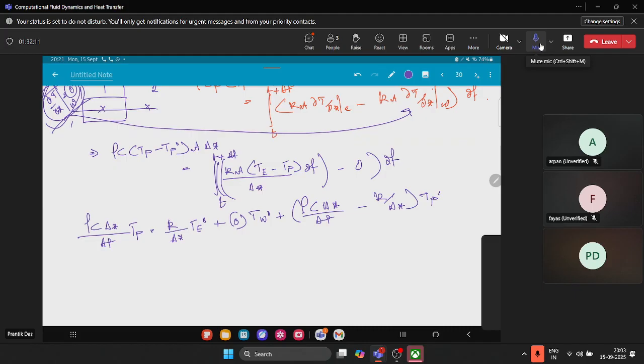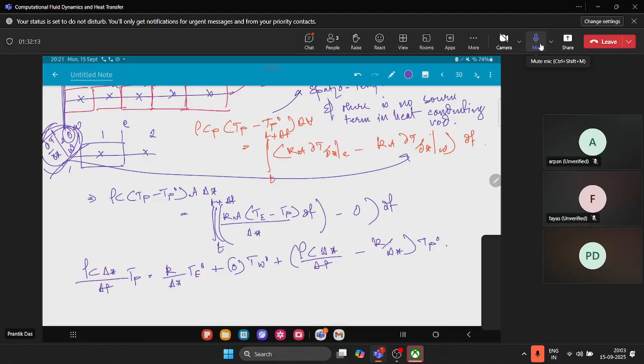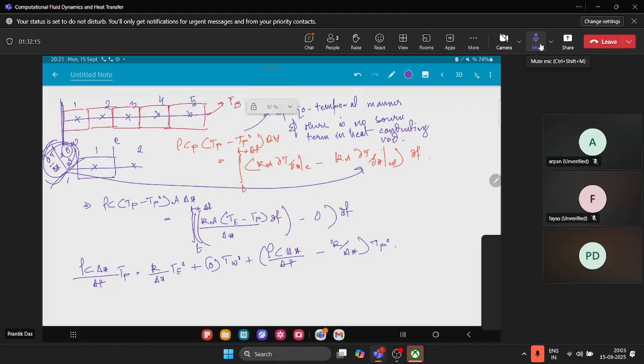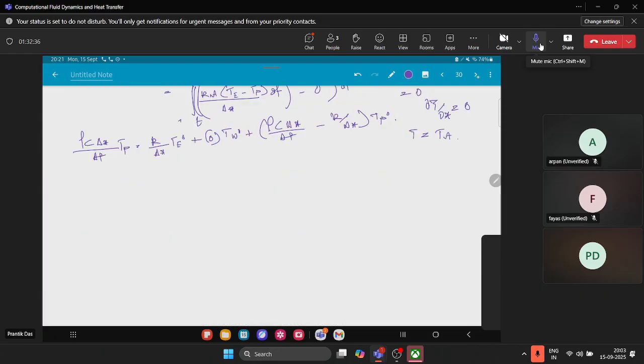Otherwise, one thing you can do is that if it's not a zero flux, zero flux means Q is zero, which basically means minus k dT/dx at a certain cell face is 0, which is your zero gradient boundary condition. So if T equals Ta at this point, you can write this equation like this.